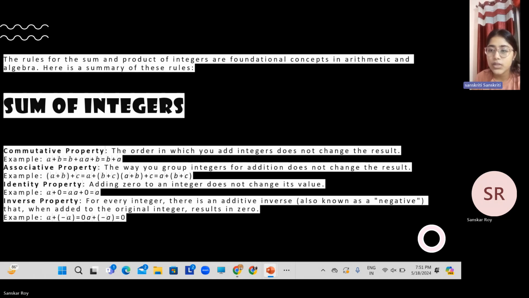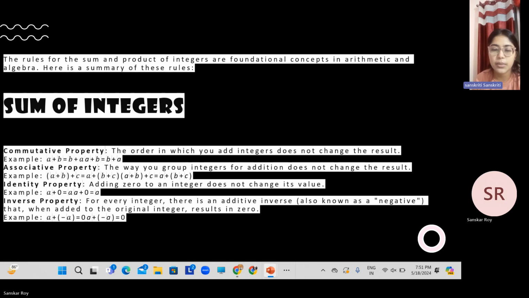Then associative property: the way you group the integers for addition does not change the result. Example: a plus b plus c, with the bracket outside. Now we'll shift the bracket to b plus c, so a plus bracket of b plus c. Both the answers will remain the same. Identity property: adding 0 to an integer does not change the value.